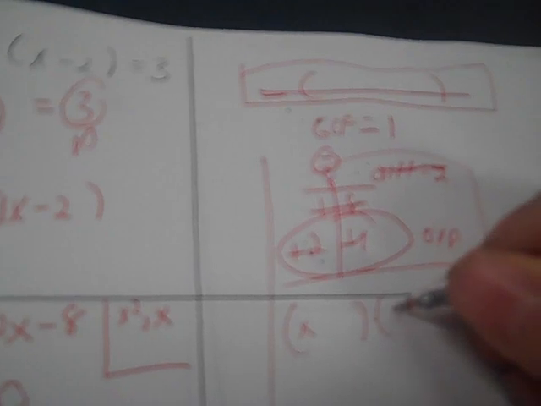Now the A was simply 1. And then x plus 2, x minus 4. I'm thinking there's 2 answers here. So minus 2, you get negative 2. Plus 4, you get 4.